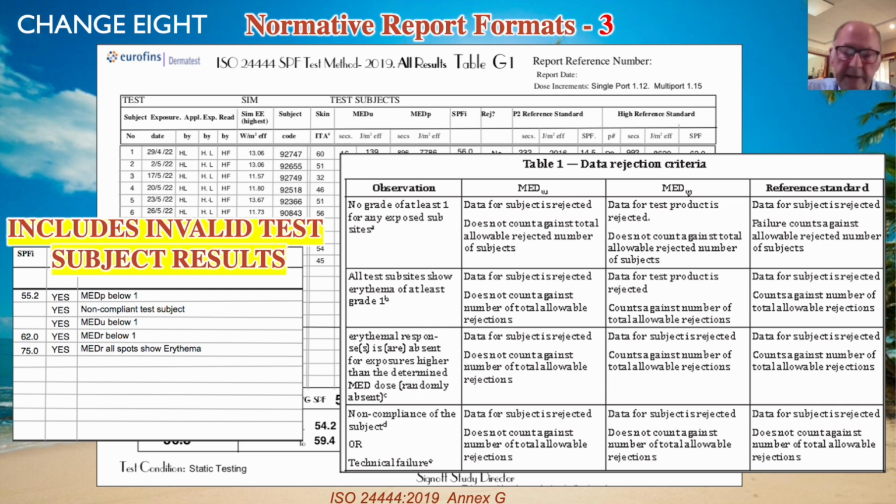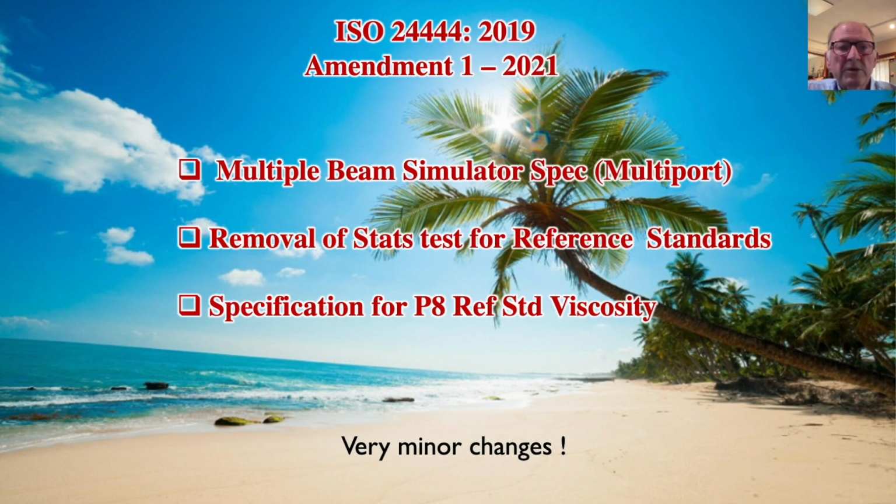But instead of burying them and doing another test subject, labs are required to notify and to explain why they've been omitted from the final values that are put into the minimum of 10 test subjects that are needed. So there are real changes to that standard.